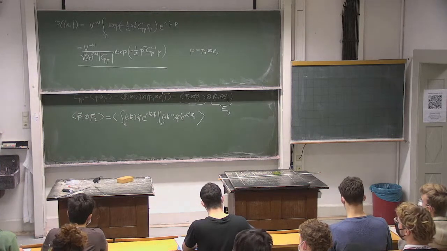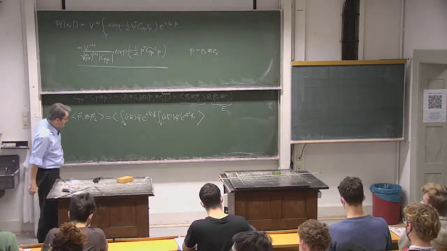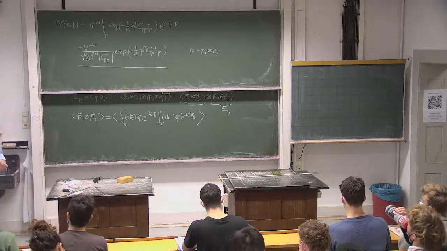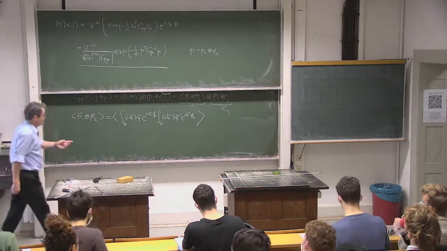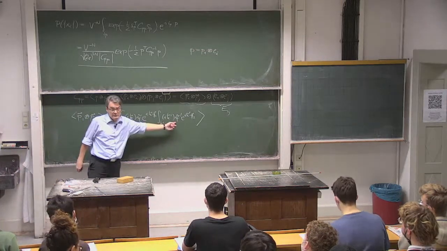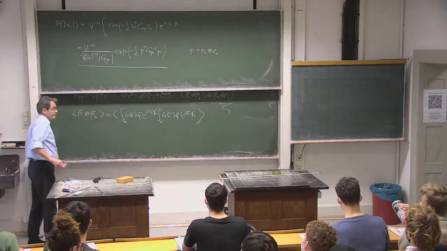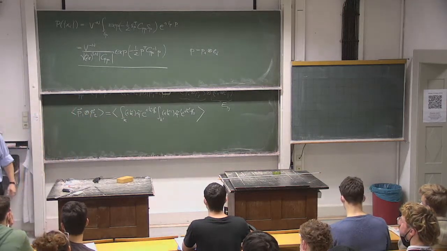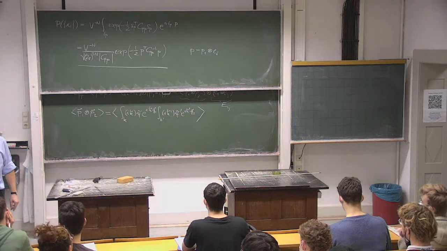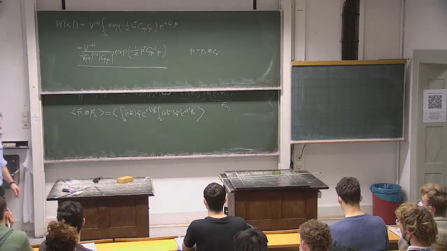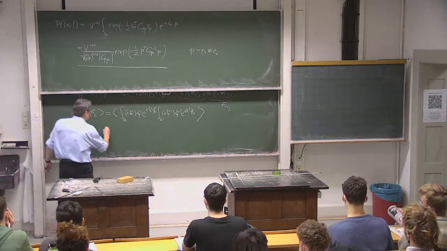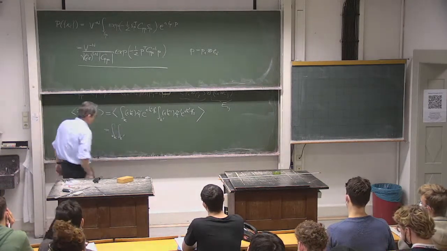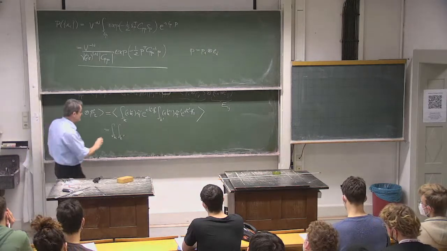Now the only two factors in this double integral that depend on the realization of the Gaussian random field are the psi's. So I get an average of psi tilde times psi tilde prime. That's going to be the power spectrum of psi. So this will be the integral over k prime.